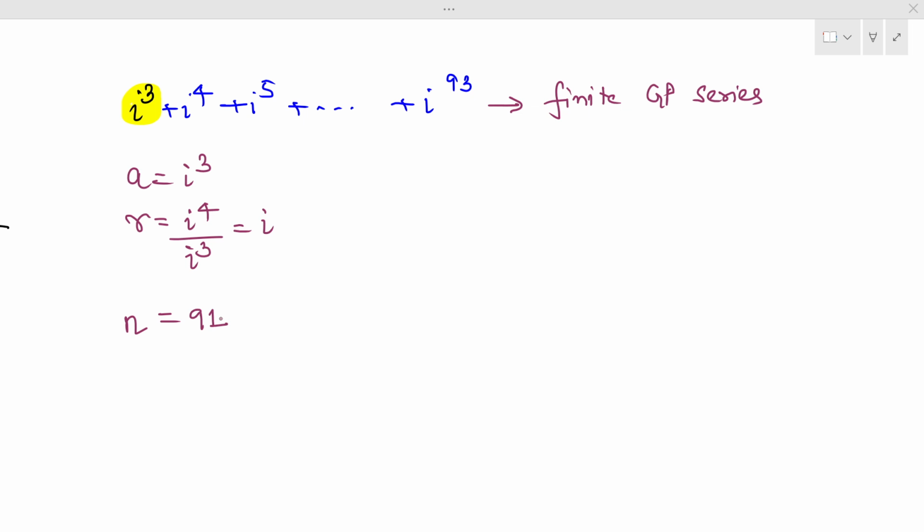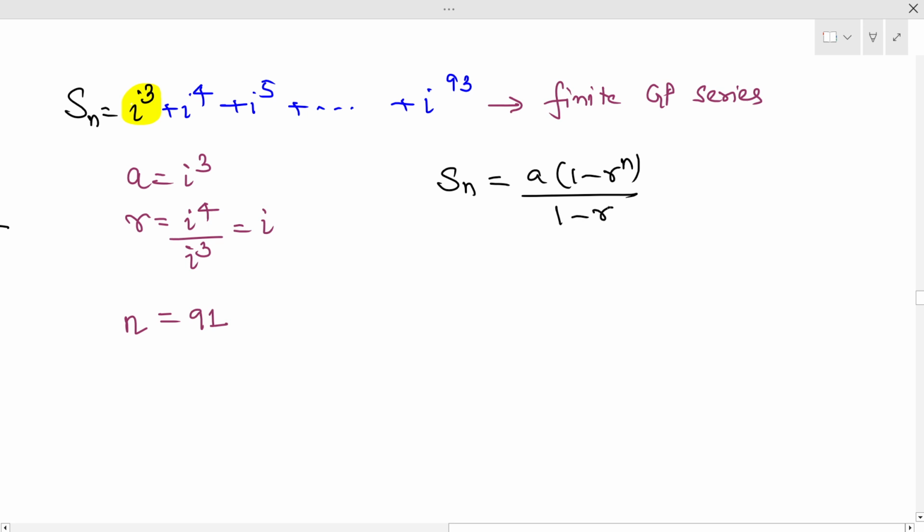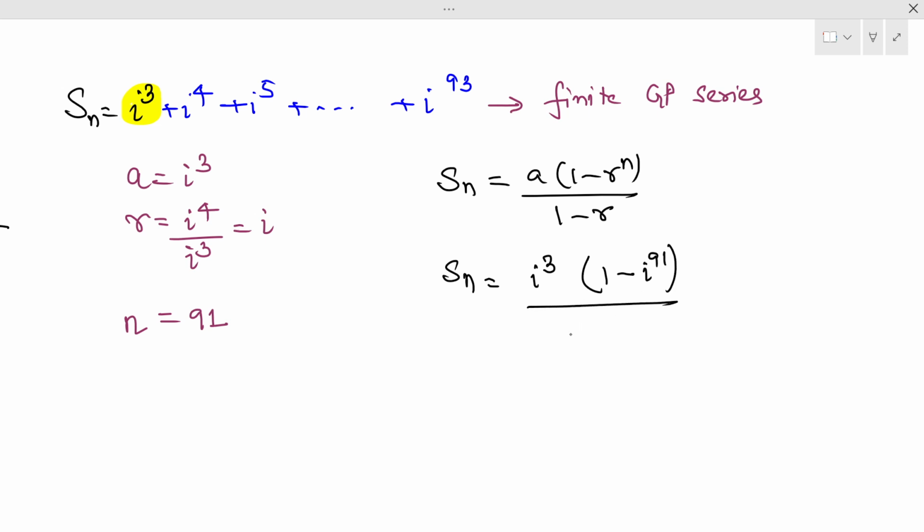Yes. Now we will use the formula of Sn, the sum. So Sn is equal to a(1 - rⁿ)/(1 - r). So Sn will be equal to i³(1 - i⁹¹)/(1 - i), right?